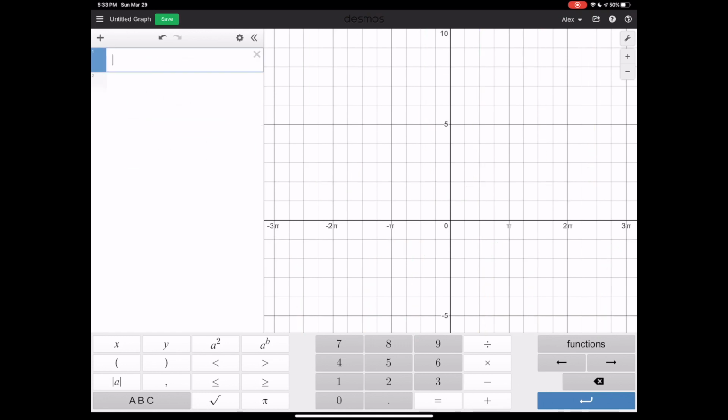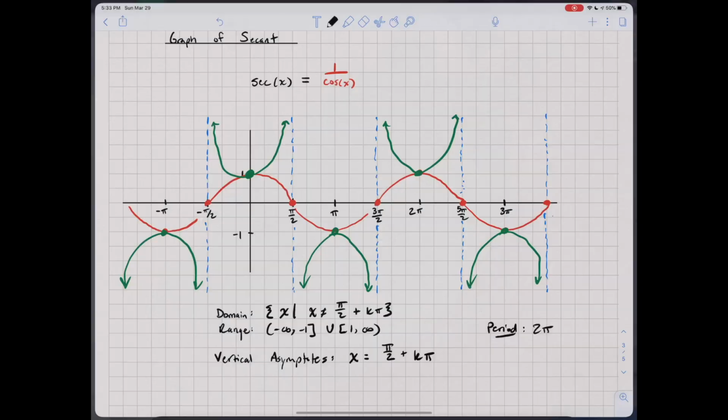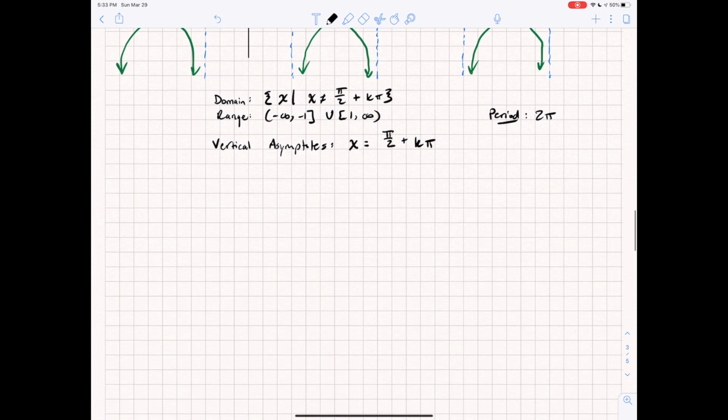All right, now let's say, for example, you were given a problem, and that problem said to sketch the graph of 3 secant of 2x minus 1. And let's say this was your problem.